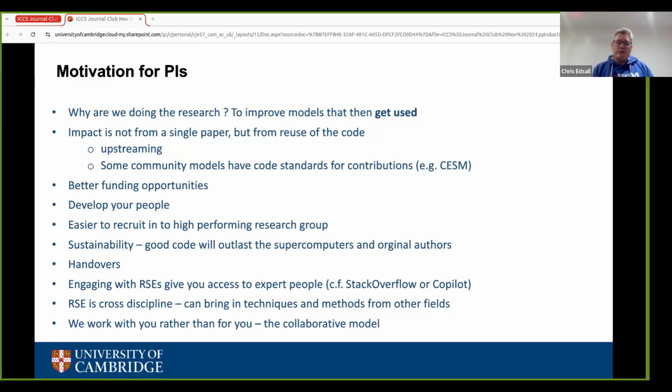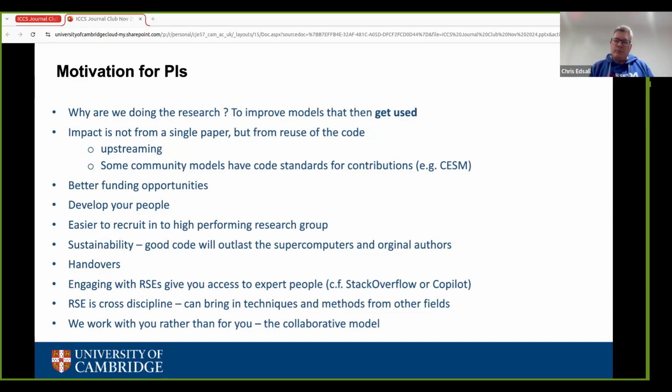The benefit comes when the software is used by multiple research groups, by the community. So yes, papers are good, but real impact comes from getting your parameterization or your technique upstream in a global circulation model.